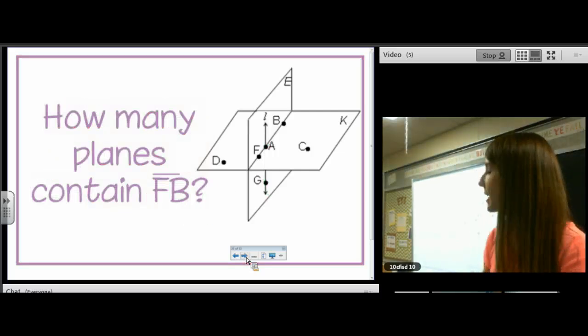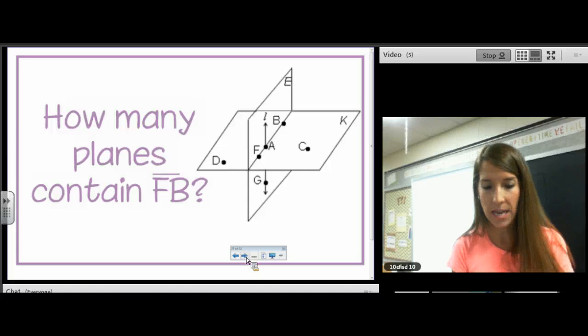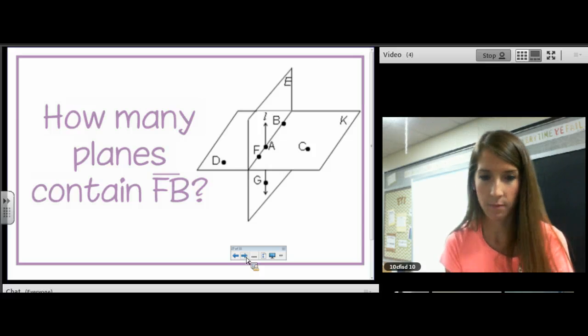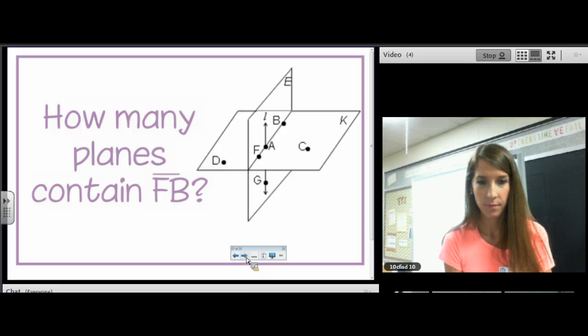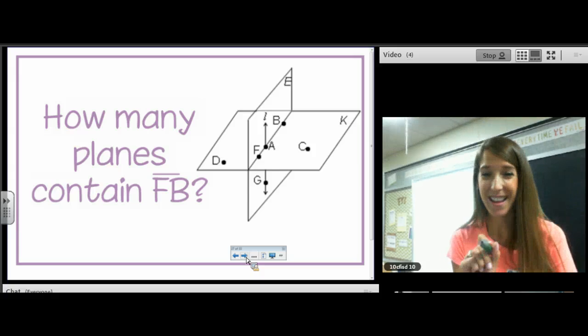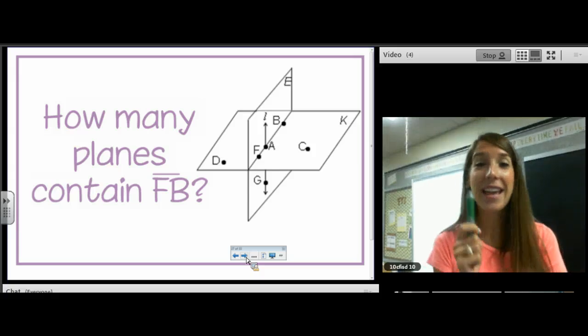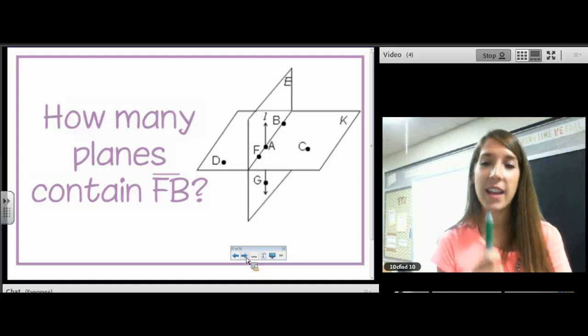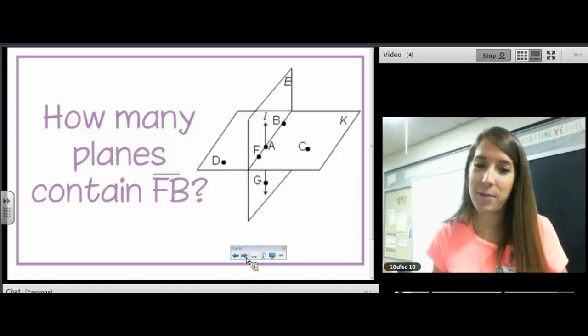How many planes contain segment FB? Chloe from Aragon. Try again. Now there are 2 planes that are drawn. There are 2 planes drawn that contain FB. But how many planes?